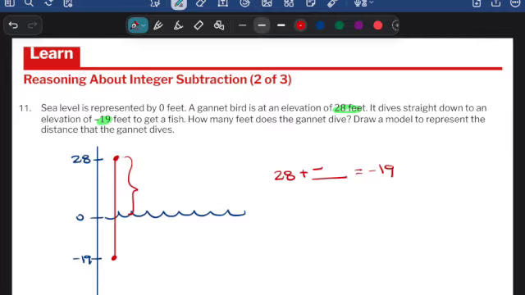And we know to go from 28 to sea level would be negative 28, right? And then from 0 to negative 19, that's another negative 19. So we could add those two together and get a negative 47. So we're adding negative 47 to go from 28 to negative 19.